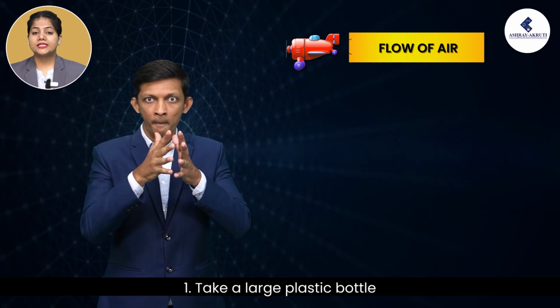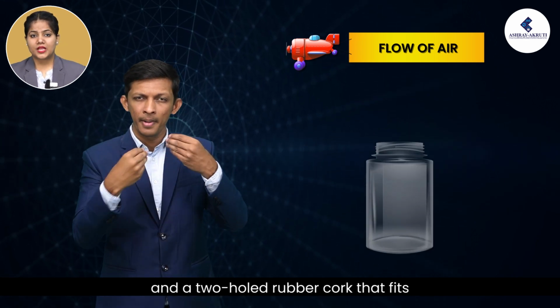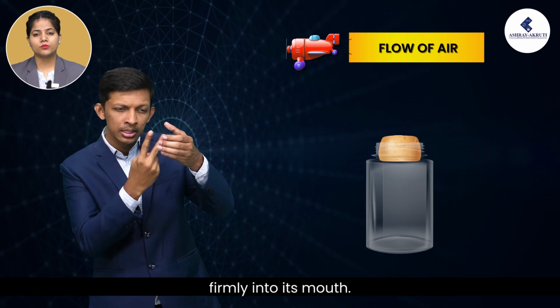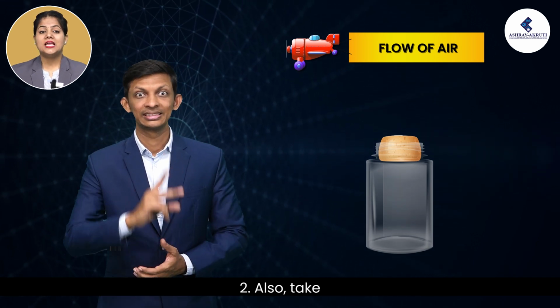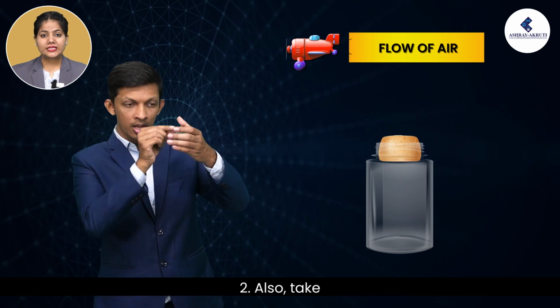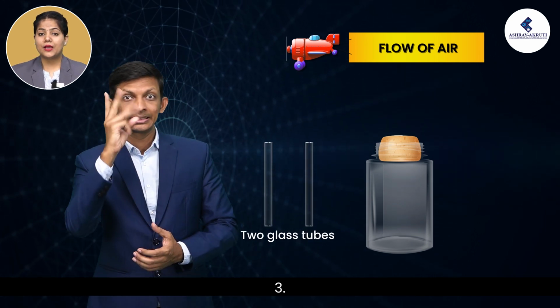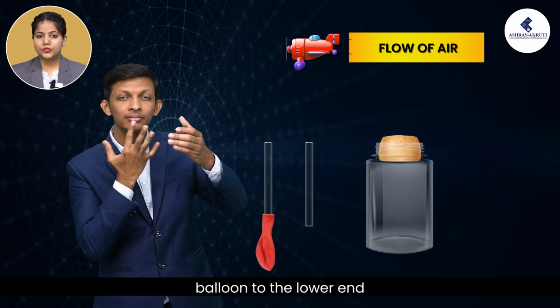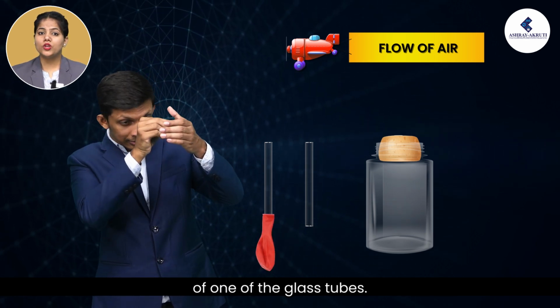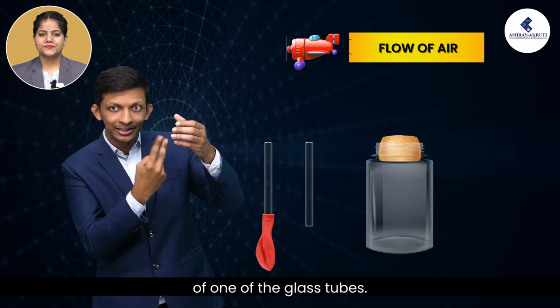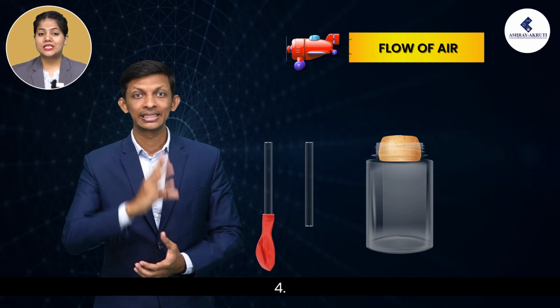Number 1. Take a large plastic bottle and a 2-hole rubber cork that fits firmly into its mouth. Number 2. Also take 2 glass tubes. Number 3. Tie a colored balloon to the lower end of one of the glass tubes. Number 4.